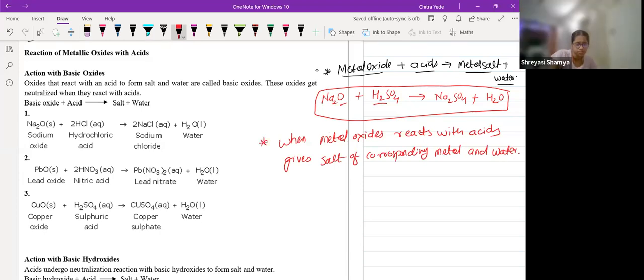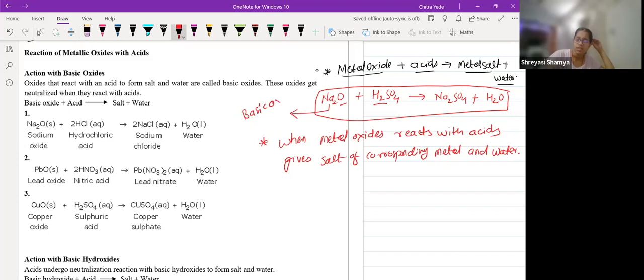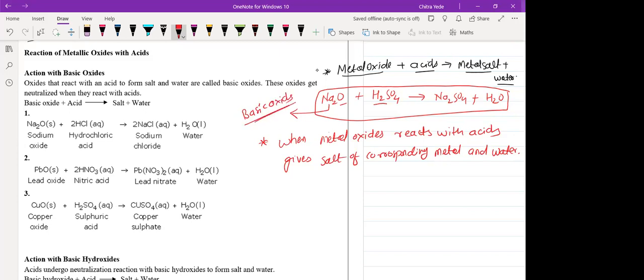Sir, on the left-hand side, they are telling reaction with basic oxide. So are metallic oxide and basic oxide the same? Yes, metallic oxides are basic oxides, and non-metallic oxides are acidic oxides.